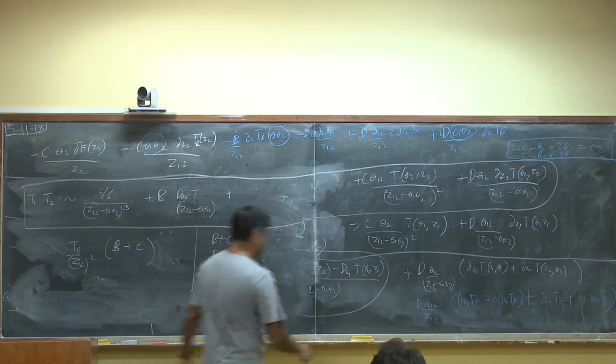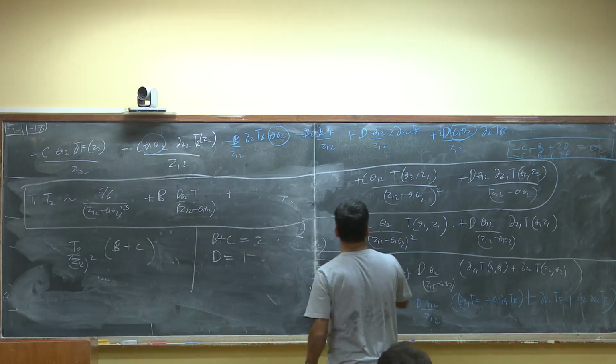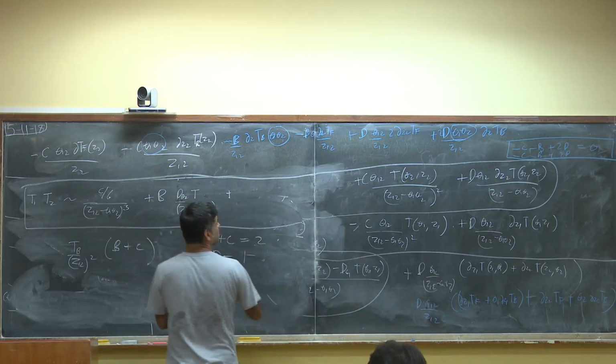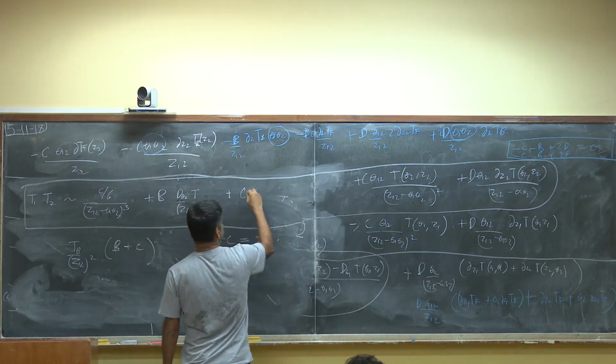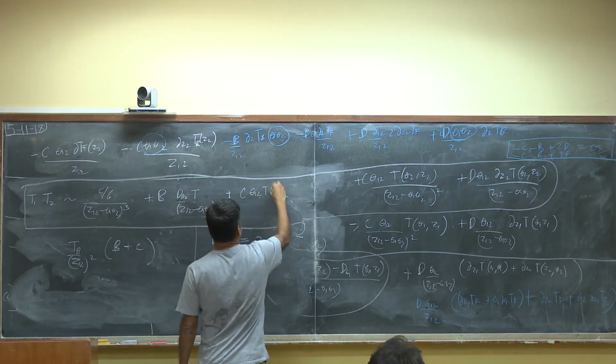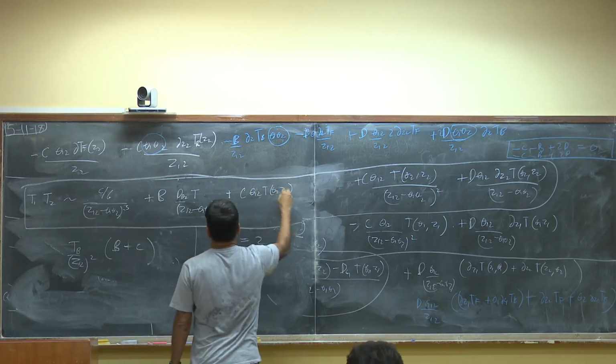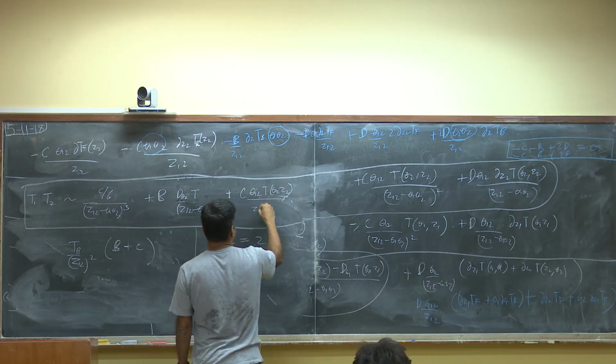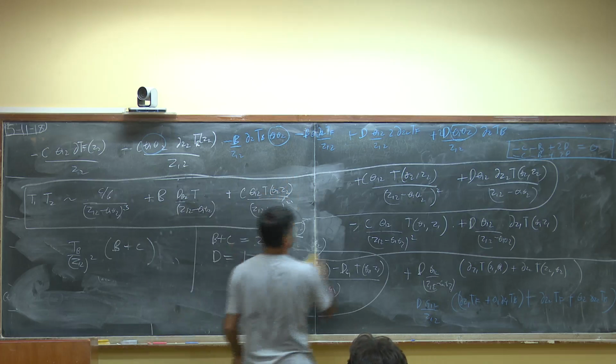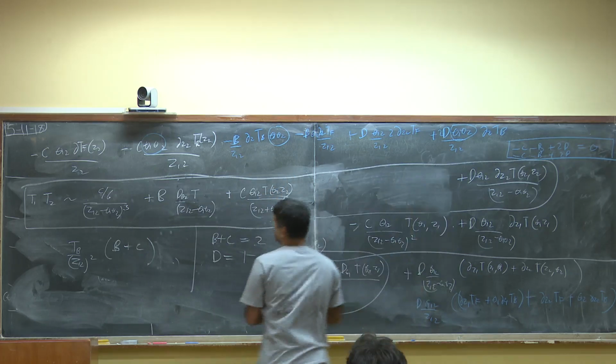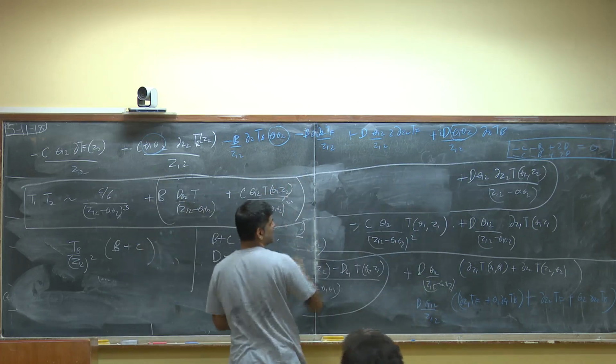Okay? So we've got now, so let's write it out. Plus C theta 1 2 T of theta 2 Z2 by Z1 2 plus theta 1 theta 2, the whole square. Where B plus C is... This is one term.